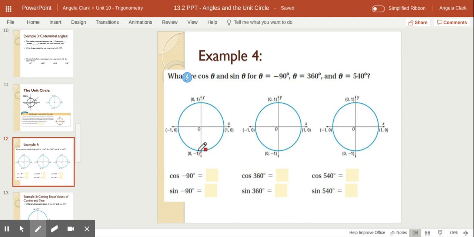So the cosine is x, so cosine of negative 90 is 0. And sine is y, so the sine of negative 90 is -1. 360 is the same as 0 on the unit circle, so that's going to be here. So the cosine of 360 is going to be 1, and the sine of 360 is going to be 0.